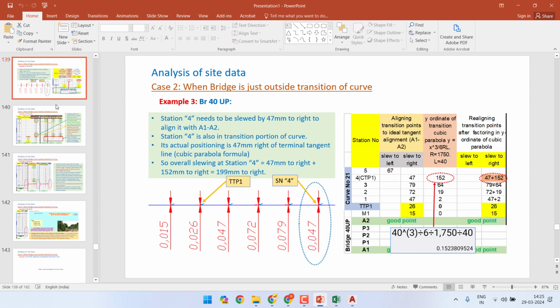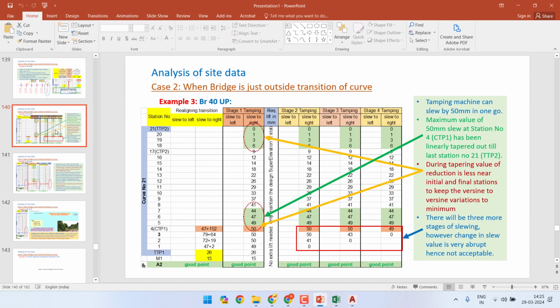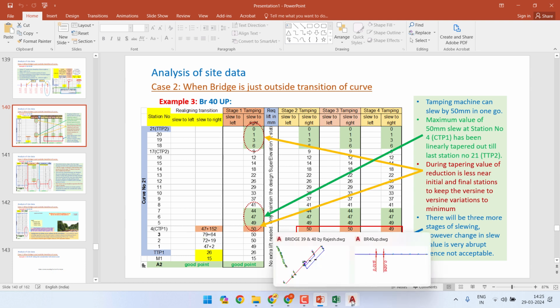So in this analysis we had used the formulas till TTP1, in fact till CTP1, we had seen what is the offset of the point from terminal tangent.